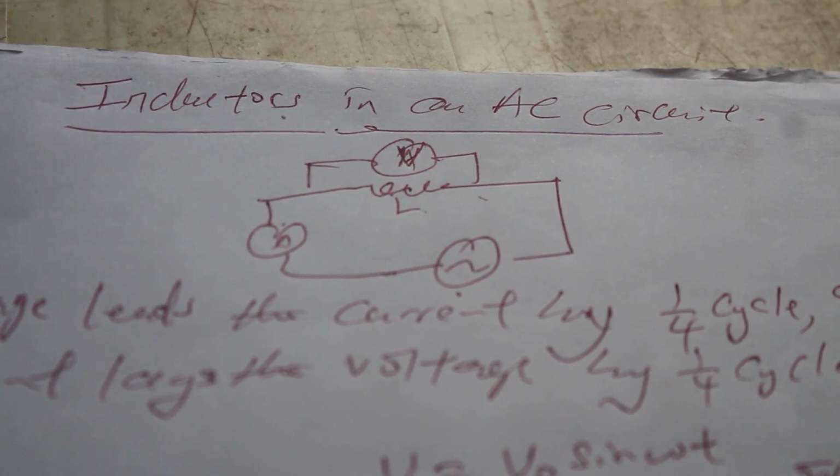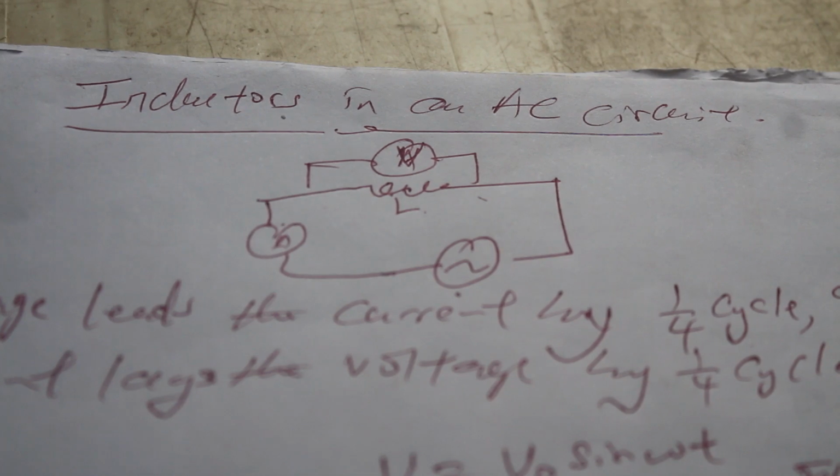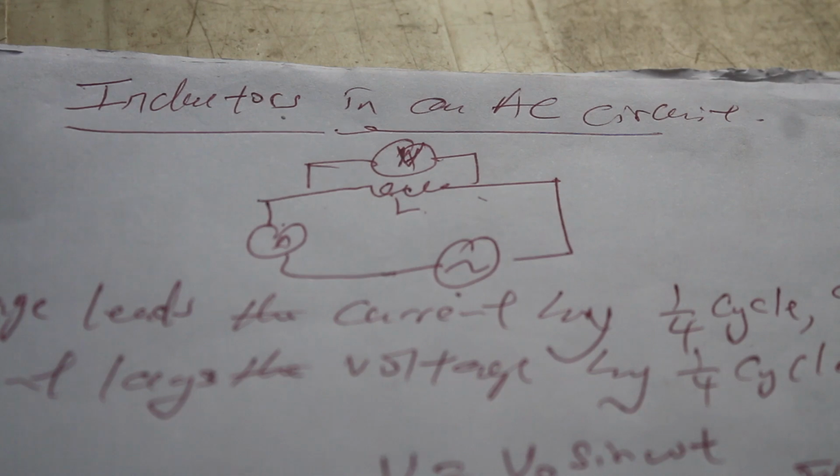The value of it is called the inductance of the inductor. So in an AC circuit, it performs very much the same function as your resistor, because it opposes the flow of current. When it does that, we say it's got an inductive reactance.